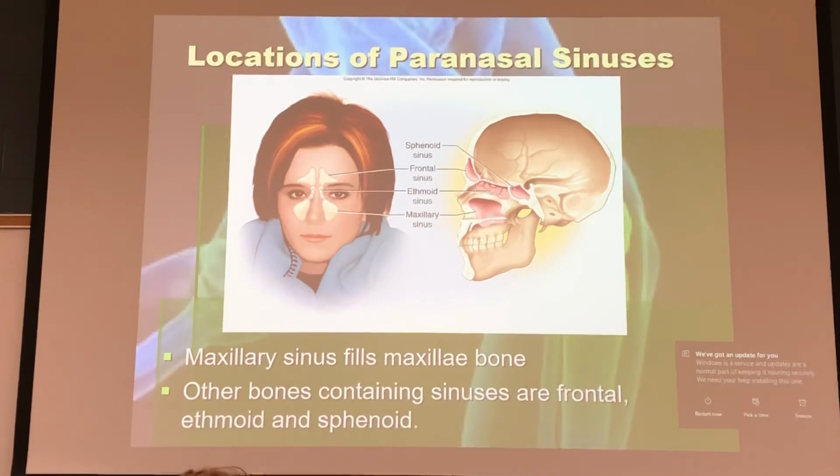First of all, what is a sinus? A sinus is a hole, literally an open space inside of a bone. So only some bones have sinuses. Like, look, your forehead, which is called your frontal bone right here. So this is called your frontal sinus.